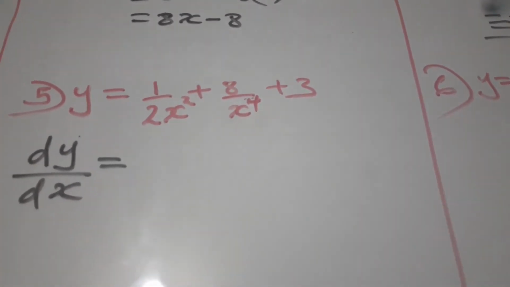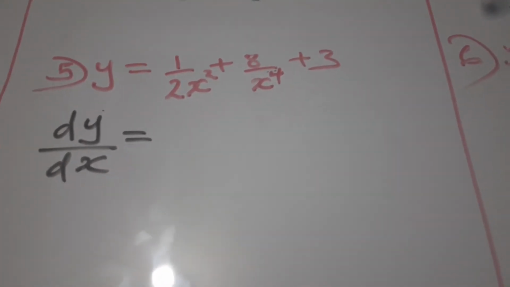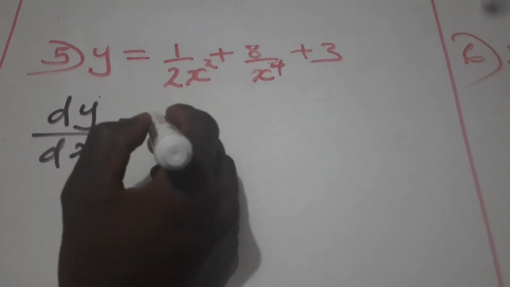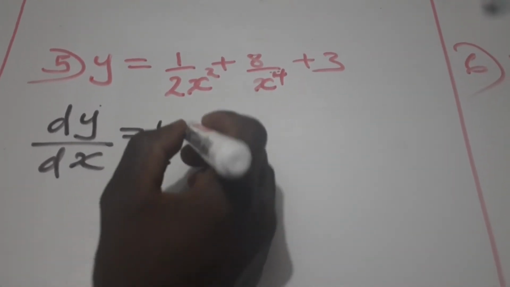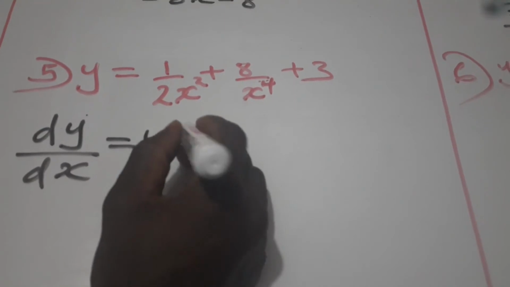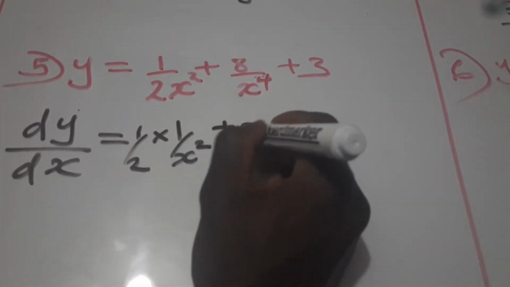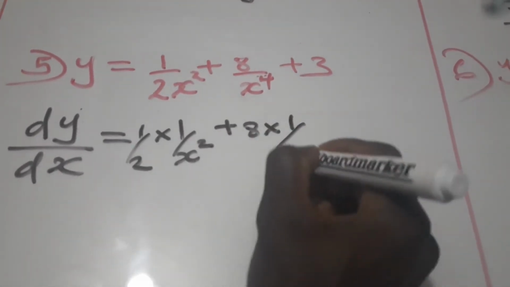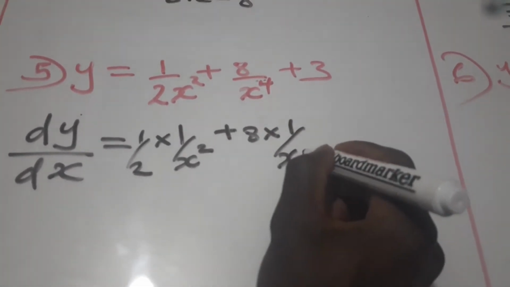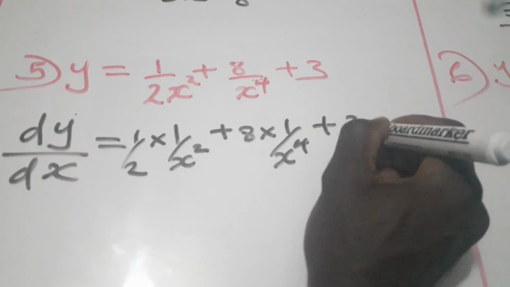So here the thing you're going to do is make it simpler for us, because this is the same as writing a half multiplied by 1 over x squared plus 8 multiplied by 1 over x raised to power 4 plus 3.